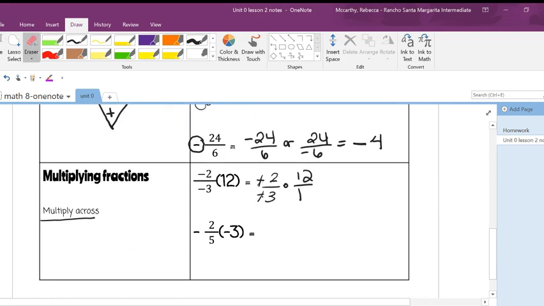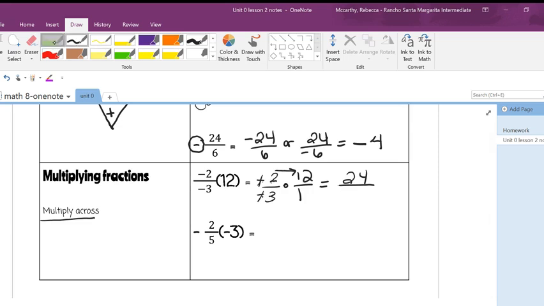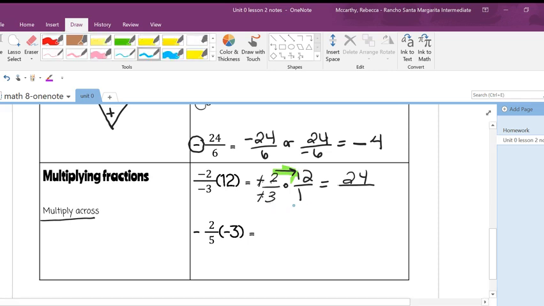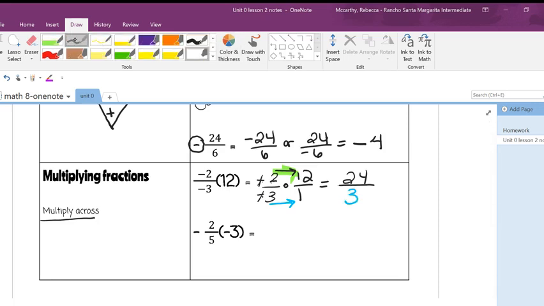So I know it's going to be positive. And I could do 2 times 12 is 24. So I multiply across. 3 times 1 is 3. And now I'm going to divide at the end. 24 divided by 3 is 8.